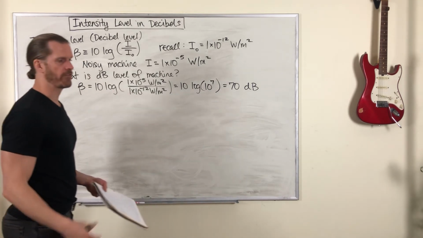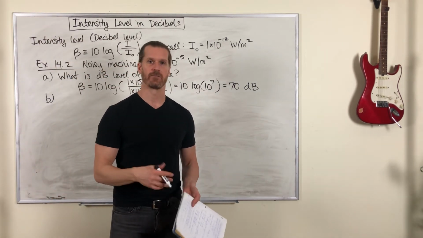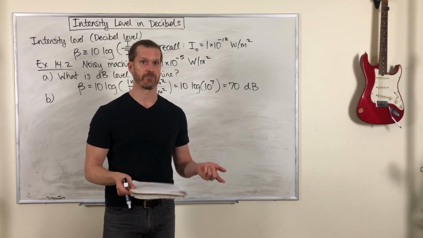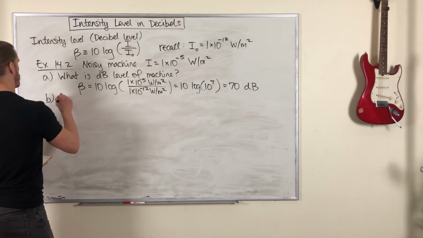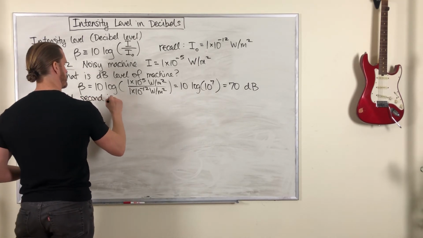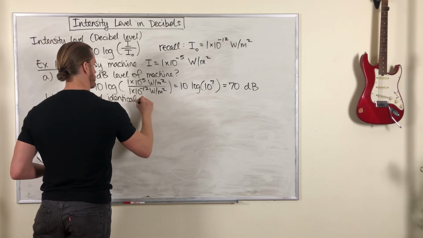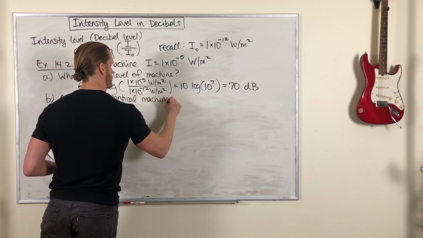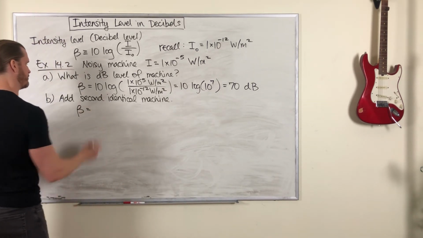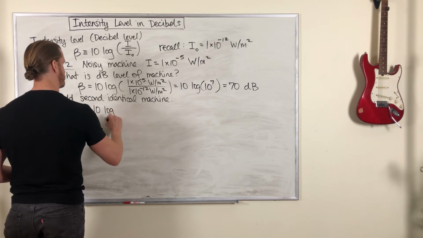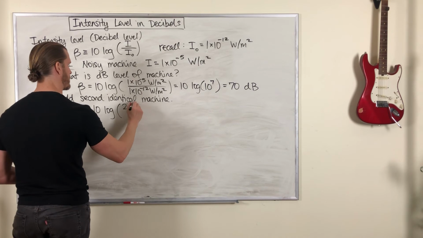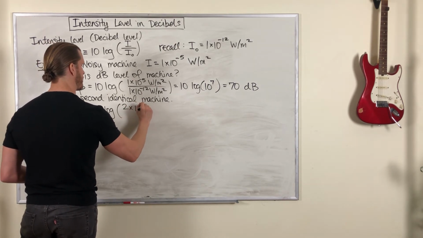All right, now let's say you add a second machine. Maybe turn on a second machine in that work environment. What's the new decibel level now? We have 2 machines, so the intensity is twice as big. 2 times 10 to the minus 5.